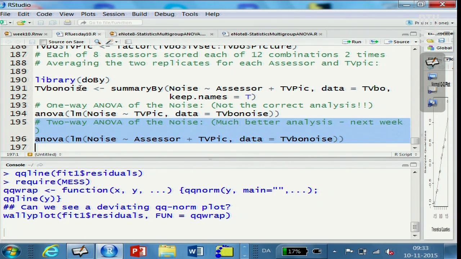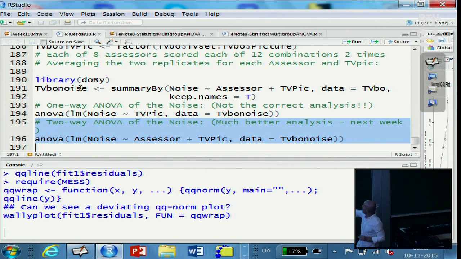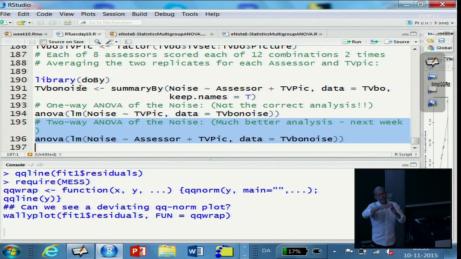And for the topic of next time, just to prepare for that, is for us to be able to make extensions of this so-called one-way analysis of variance, and actually take into account that these data came in a two-way table way.